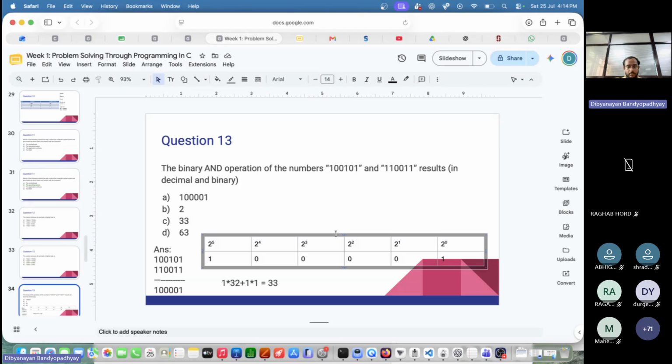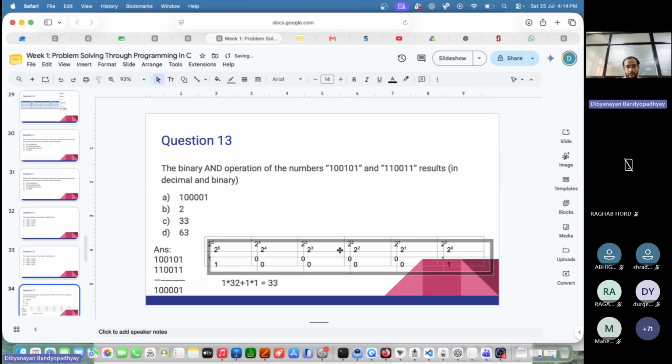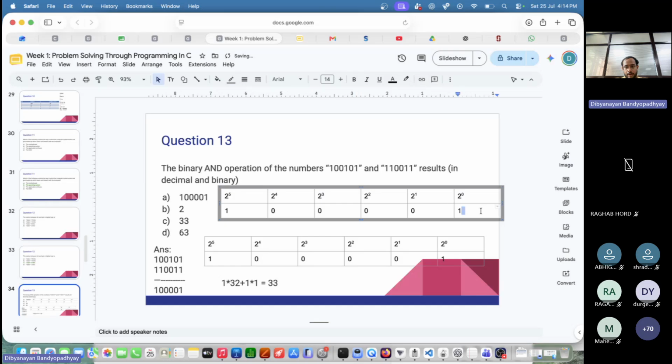Let me create the table here also, then let me explain. So let me remove these things now. So these are fixed. The exponents I have already fixed, and then I'll write the numbers.